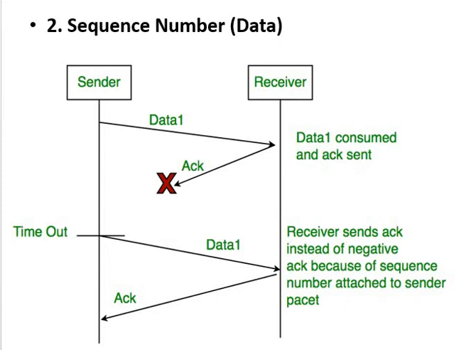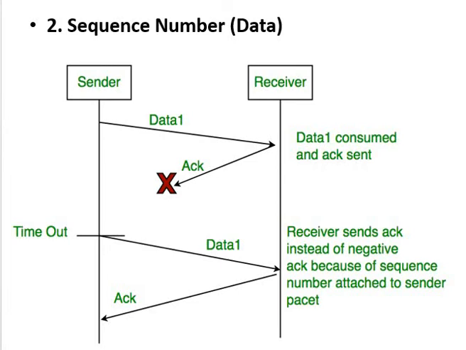The second problem is resolved using the sequence number for the data. So we have introduced the sequence number as data 1. Now the sender sends data 1, data 1 is consumed and the acknowledgement is sent back. But in between the transmission, the acknowledgement is lost. Now after timeout for data 1, the sender again sends data 1.